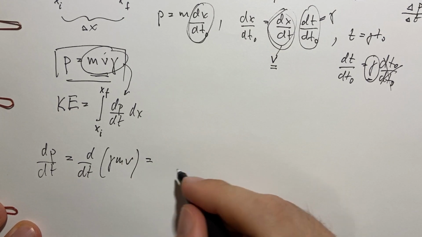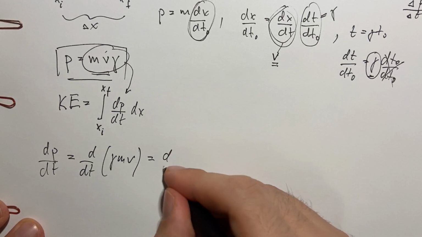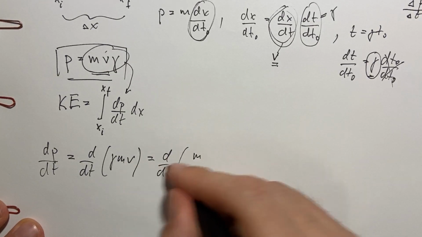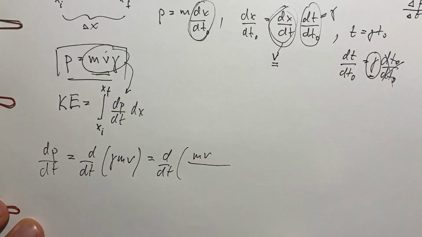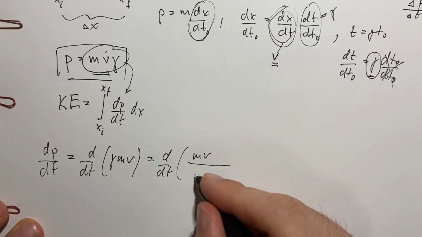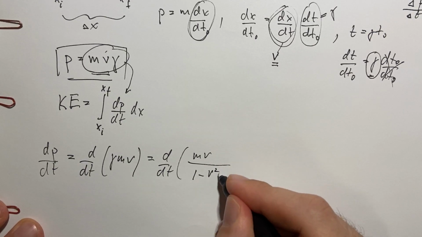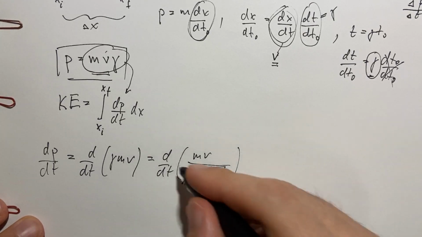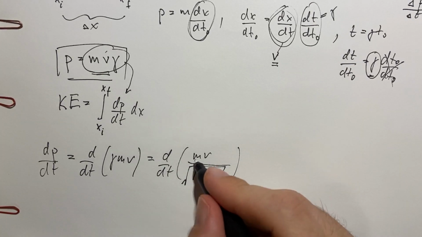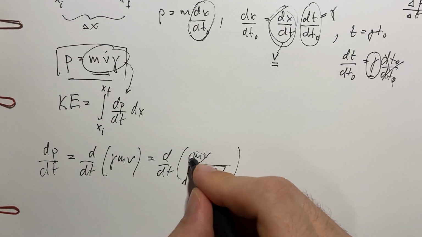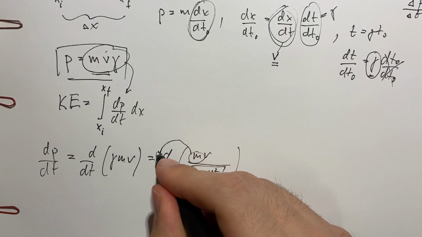This in turn equals d by dt of mv times the Lorentz factor, which is 1 divided by the root of 1 minus v squared over c squared. m, that's the rest mass.